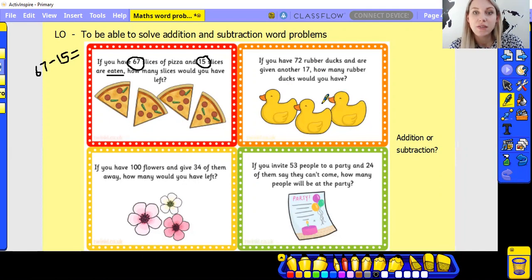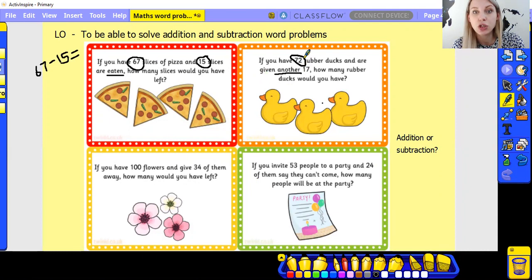If you have 72 rubber ducks and are given another 17, how many rubber ducks would you have? So I'm given another, which means I'm getting more. And if you're getting more in maths, that means you're adding. So let's find my numbers.